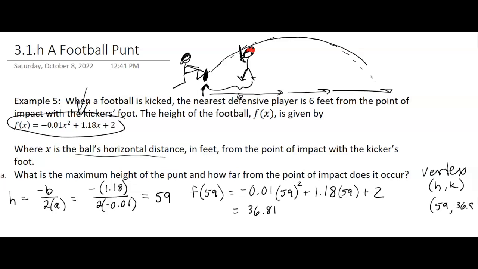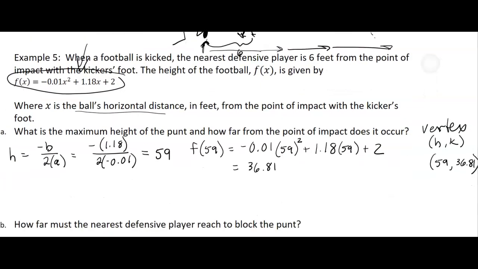I don't know how accurate they want it. Okay, so what does that mean? It means the maximum height is, and this is what they're asking for, the maximum height, that's the output, is about 37 feet, but we'll say 36.81 feet.